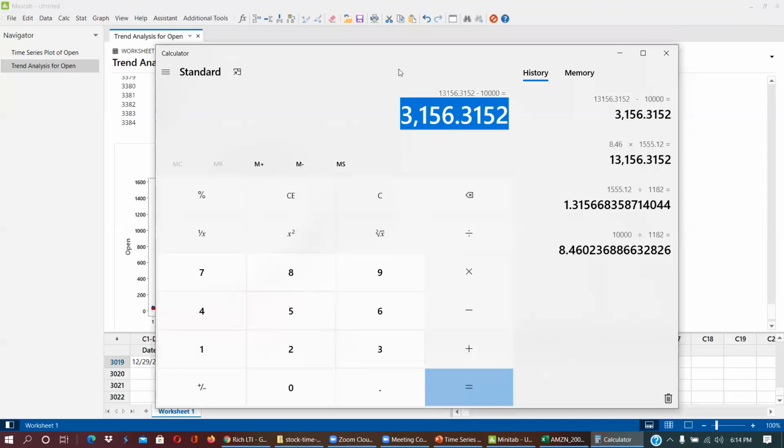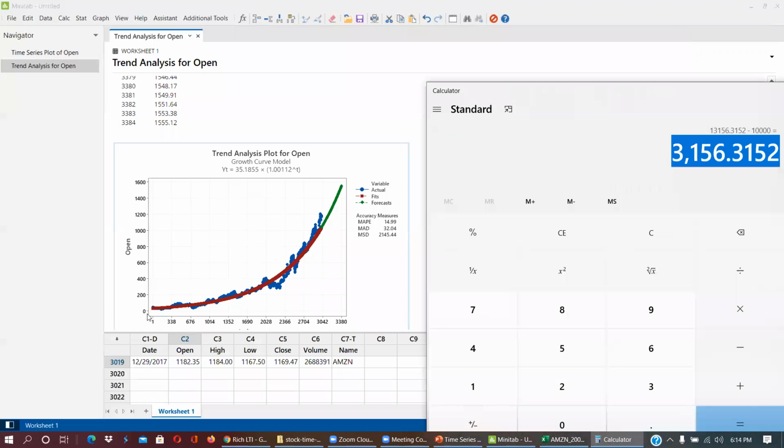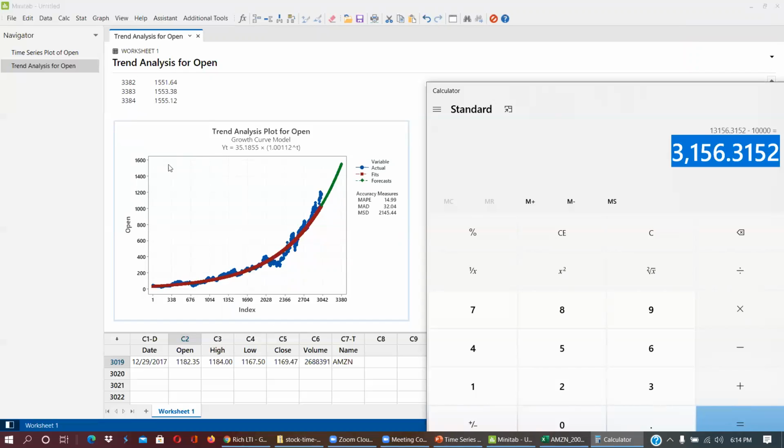But the question comes: you can see this trend, which red line is there. The blue dots are the actual values. This one is the fit, and the red one is the forecasted one. On this graph, you can see the growth curve model.